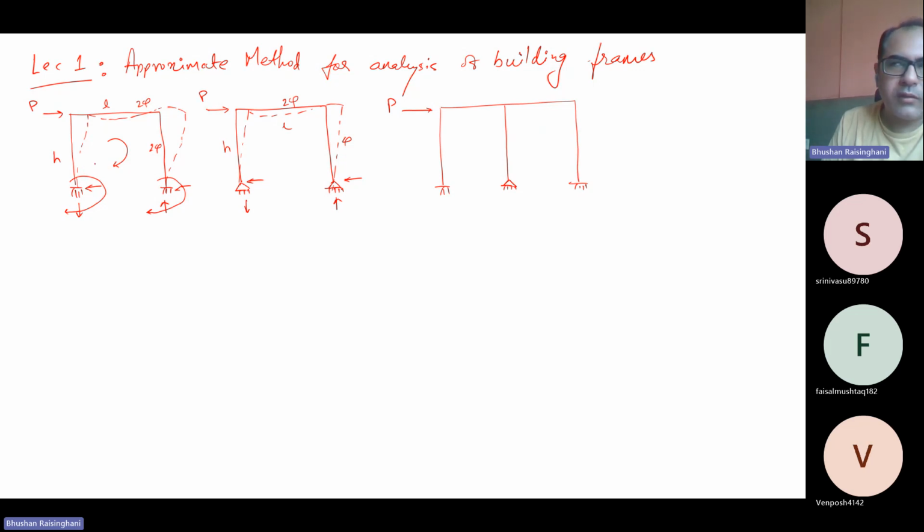So the moment is P into H and L is the lever arm. That will be a vertical reaction like this. That will remain the same here.